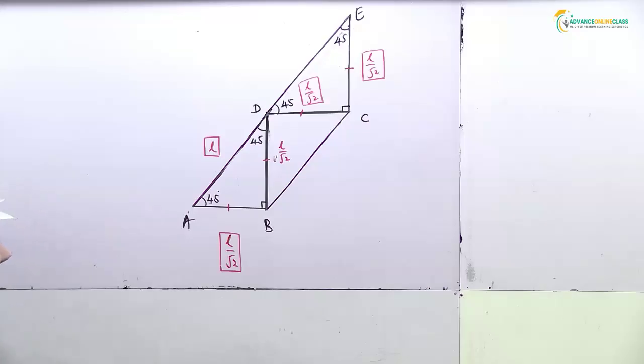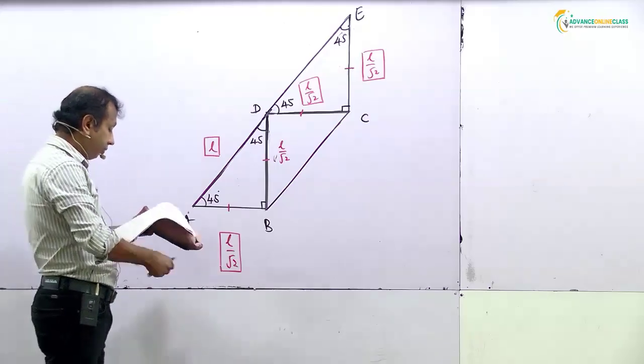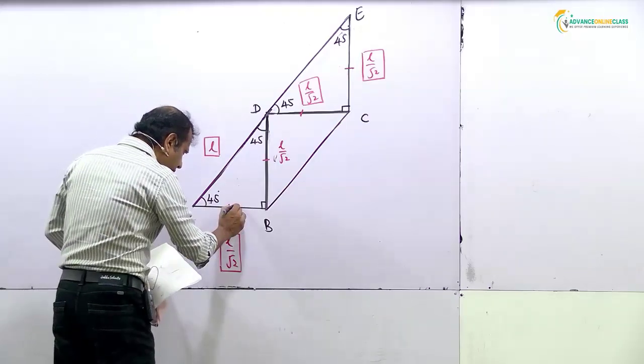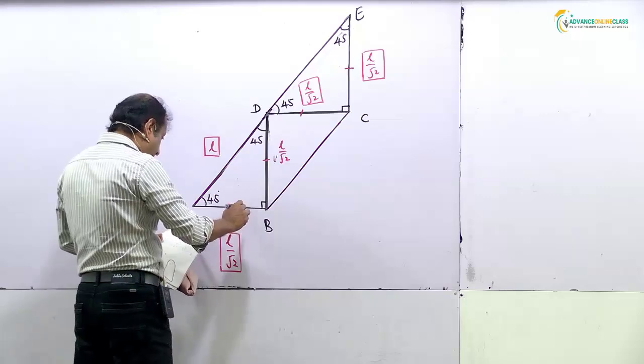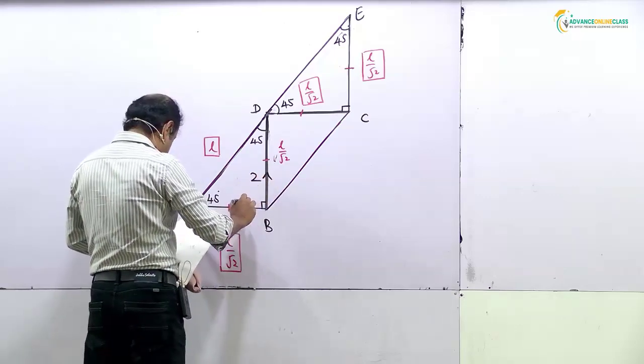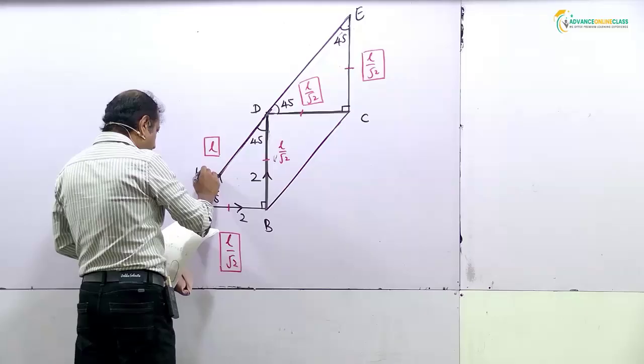Now forces acting like this, no? What are the forces acting? In the order of letters, the forces are acting this way. Here 6 root 2.